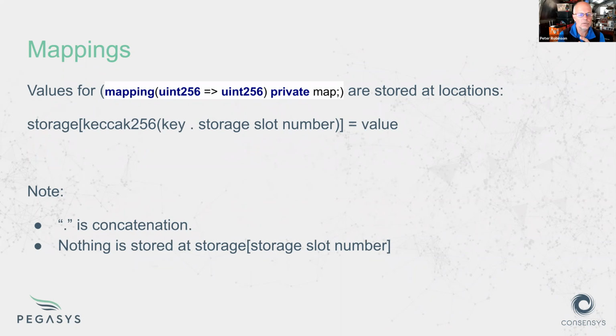Then you do the Keccak of that and set the value to that location. You should note that for mappings, nothing is actually stored at the storage slot number itself.